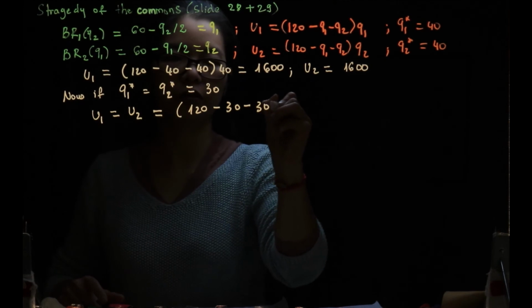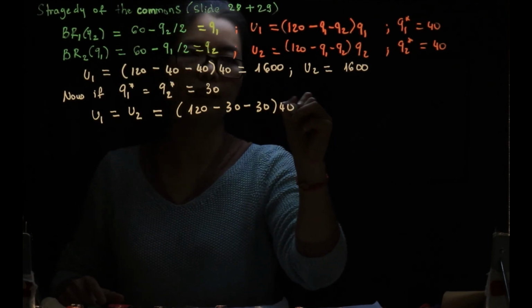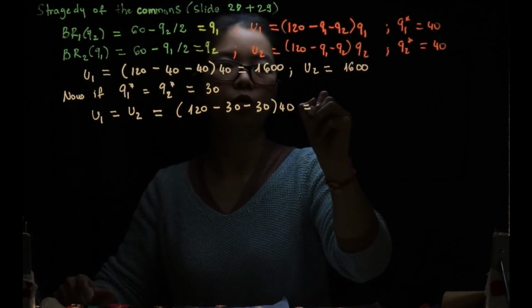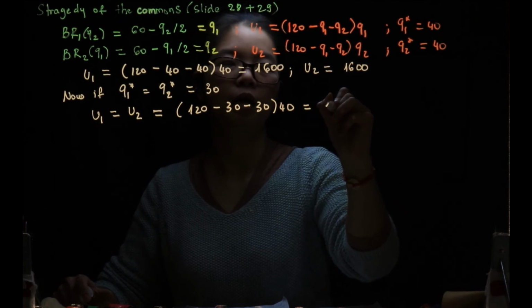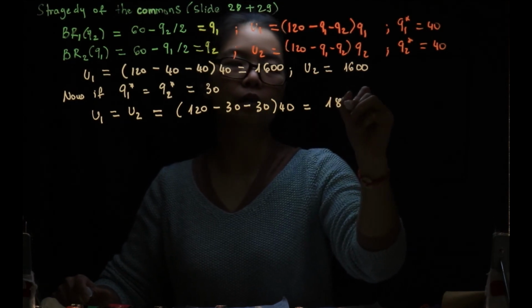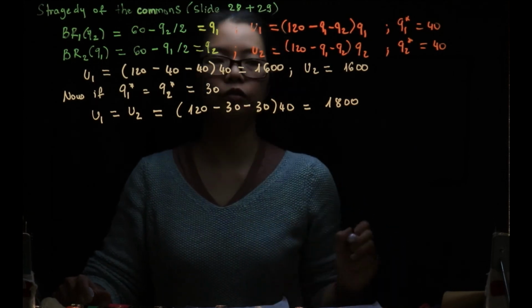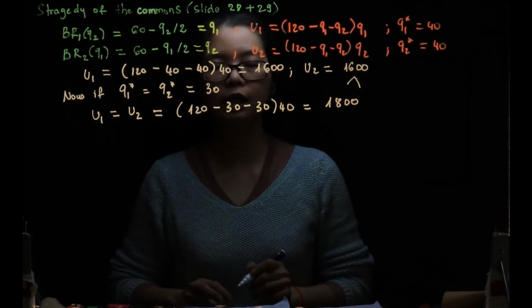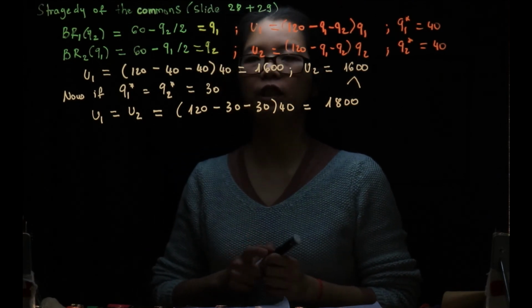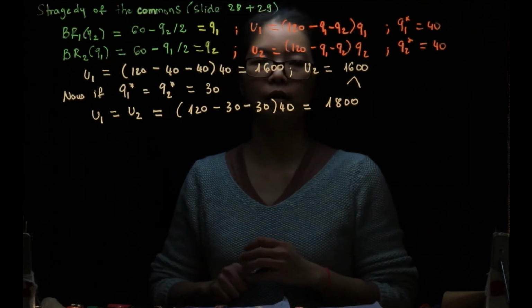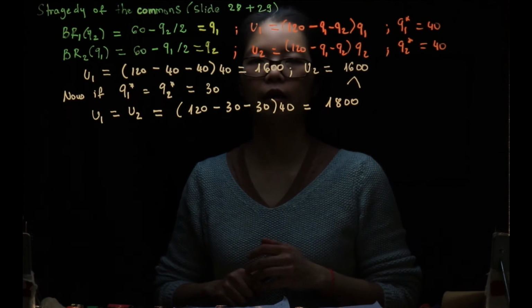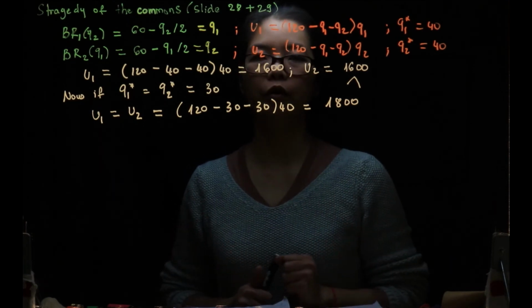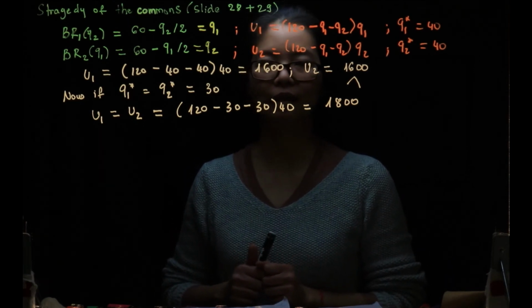Minus another 30 and times 30, which will be 1,800, and it's larger than this. So you see, when they both raise fewer ships, then their payoff, or the value that they get, will actually be higher.